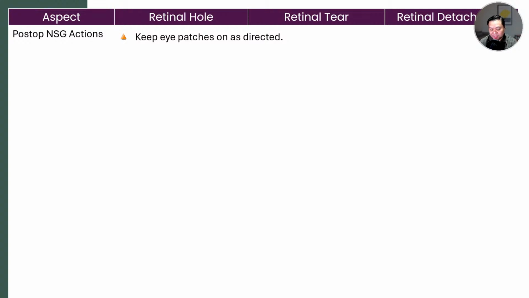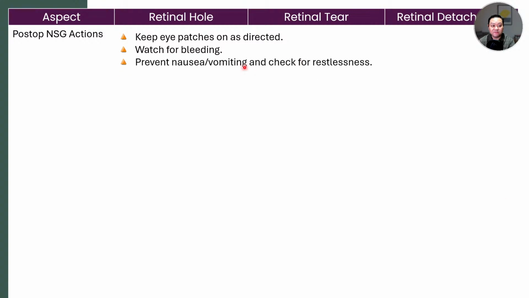In some instances, in other procedures, this might not require the reapplication of the patch, but generally, if there is a specific order to keep the eye patches on, then we need to follow that medical provider order. We also need to make sure that we are watching for any signs of bleeding. We're going to have to prevent nausea and vomiting, and we need to check for any restlessness, as this can lead to more bleeding. Nausea and vomiting can also increase the intraocular pressure.